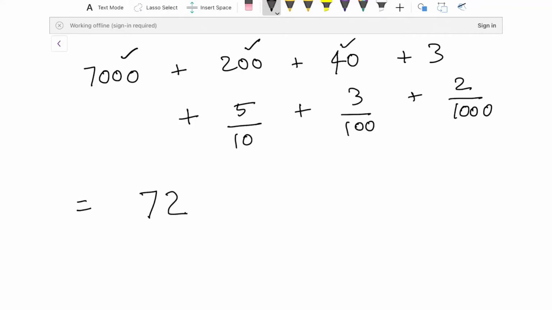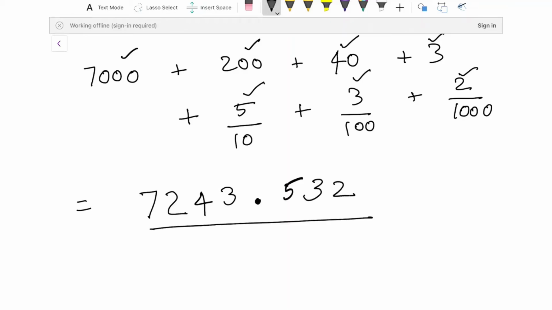After 100, it should be tens place. We have 4. After 10, it should be ones place. We have 3. That's it. Now we have to put a decimal point. After that, in the tenths place we have 5. In the hundredths place we have 3. And in the thousandths place we have 2. This is your decimal number.